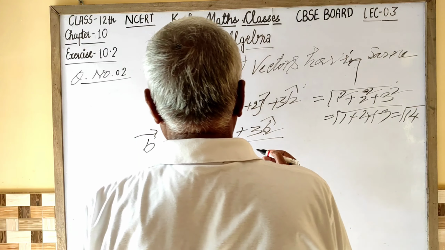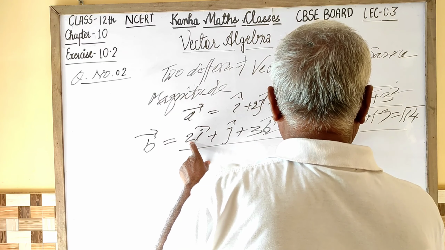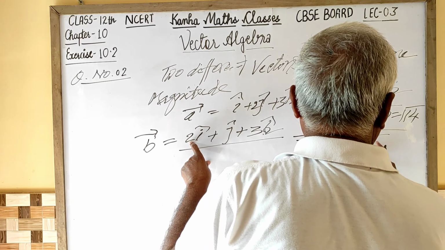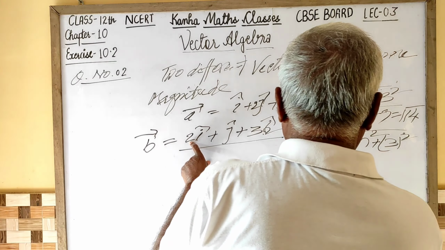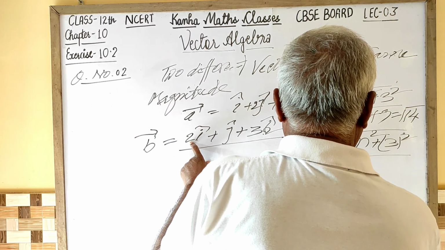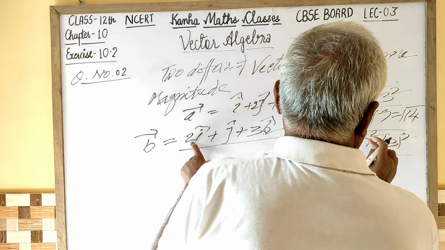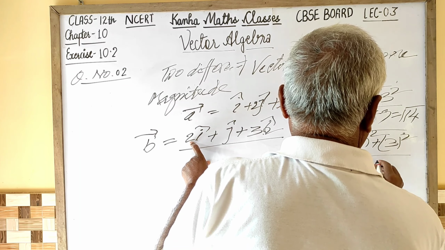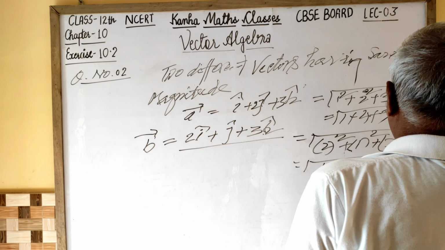Its magnitude will also be equal to 2 square plus 1 square plus 3 square, I mean 4 plus 1 plus 9, I mean this is also root 14.